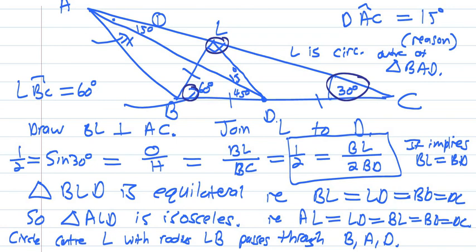So we explored, we had some adventures. Takura is saying cyclic quads. Alright, so I need a little bit more. How would we go about finding this angle over here?